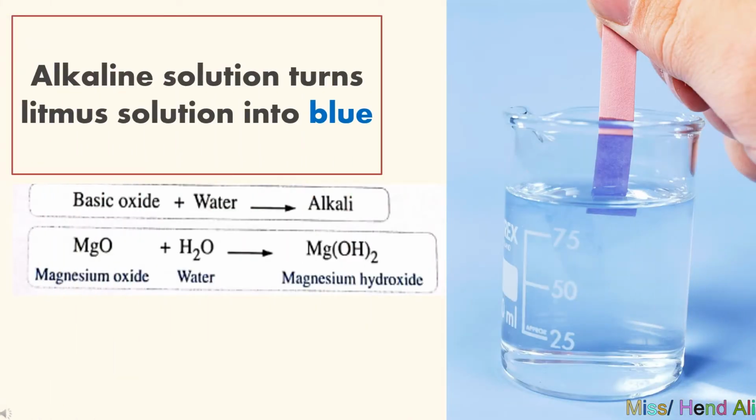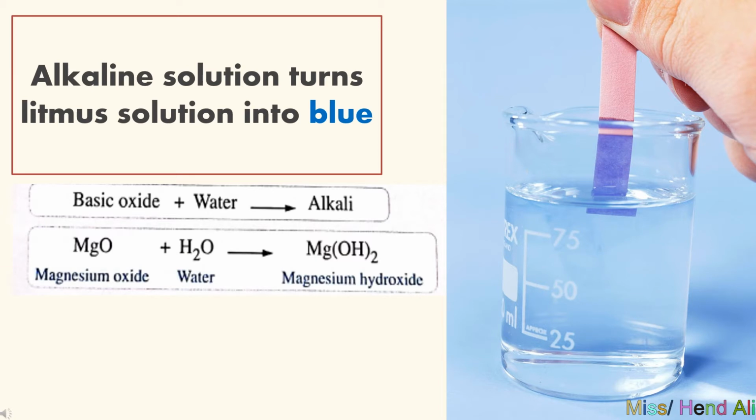So as we said before, when we burn magnesium, it burns with a bright light and then turns into powder. We will take this powder and add it to water, and with shaking we will notice that it dissolves in water. Then we will add some drops of violet litmus solution. We will notice that it turns blue.